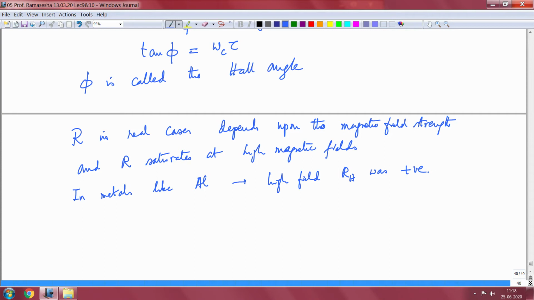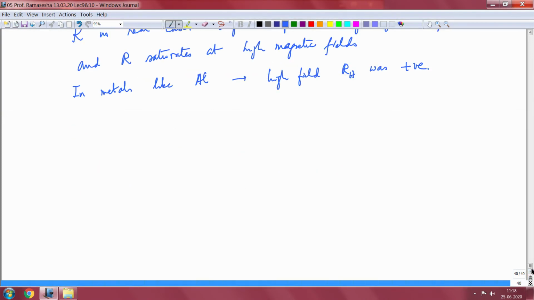So while using Drude's theory, one could get quantities such as sigma, Q, the Seebeck coefficient, which is the thermoelectric power.